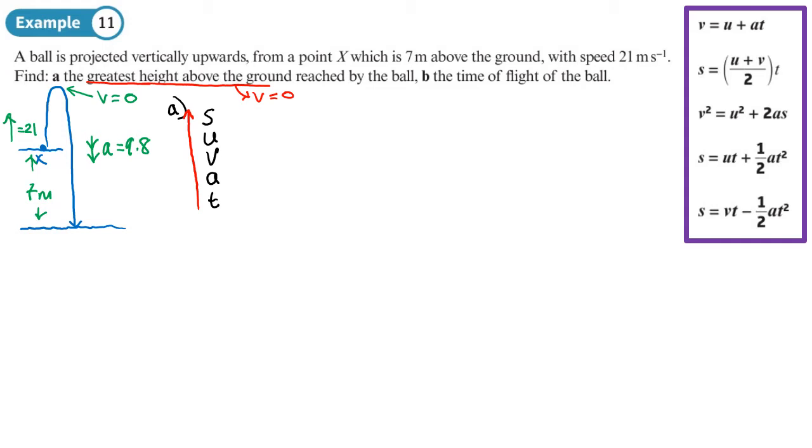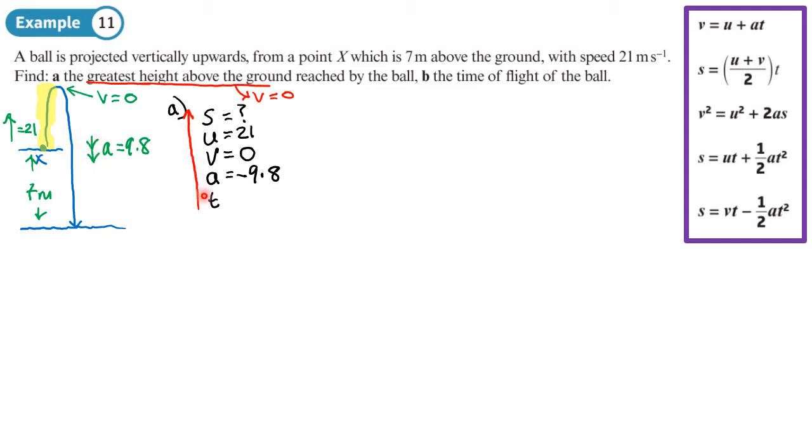So what I'm trying to find, you see that in yellow, I'm trying to find what that distance is there, S. So I'm trying to find S. U is 21, now it's 21 up, but I'm taking up as positive. V, well at the greatest height, the velocity is 0. And A, this is negative 9.8, because I'm taking upwards as positive and acceleration is going down.